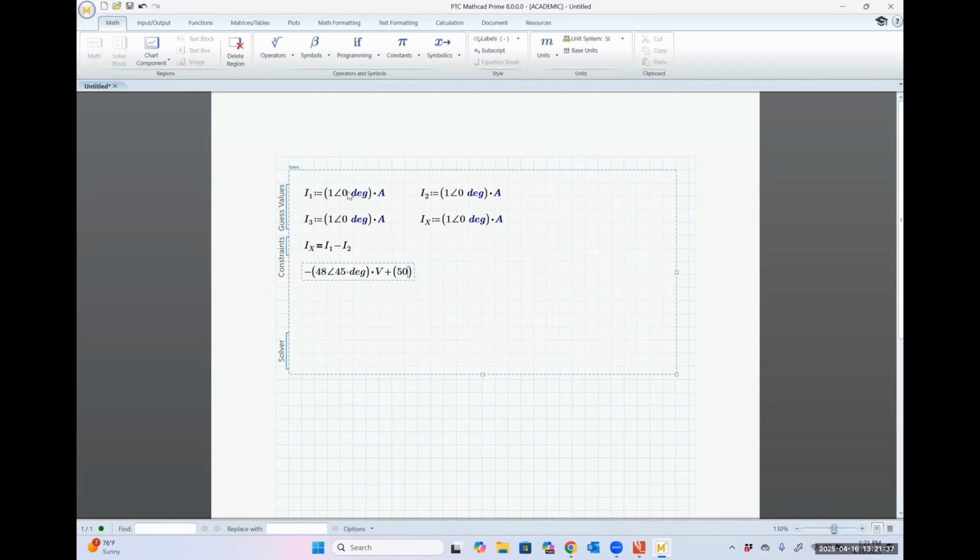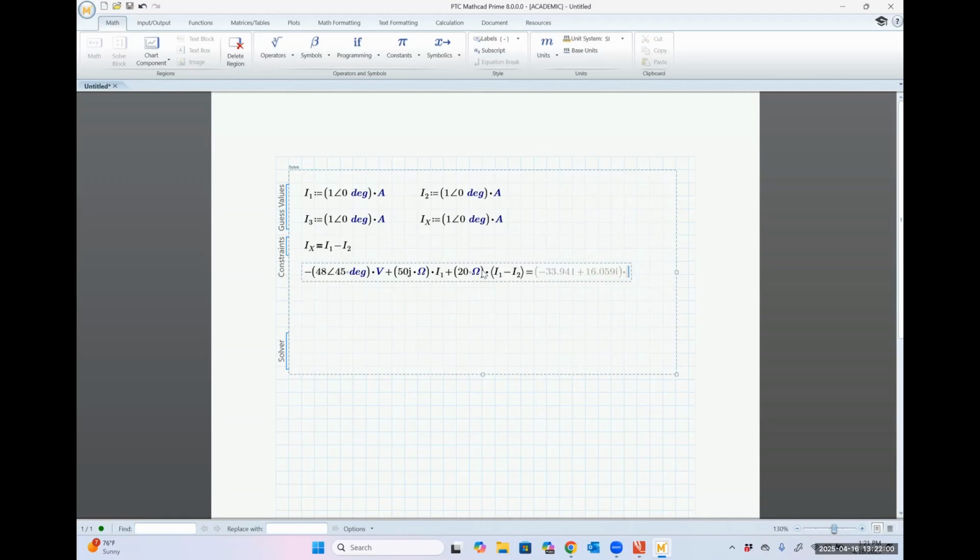So that was just 50J multiplied by capital omega. And then that should be times I1. And then I'll have plus 20 ohms multiplied by I1 minus I2.